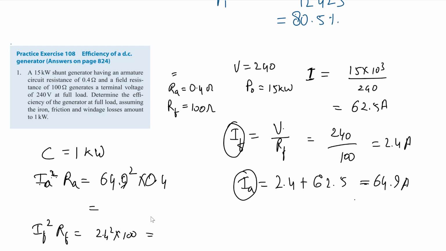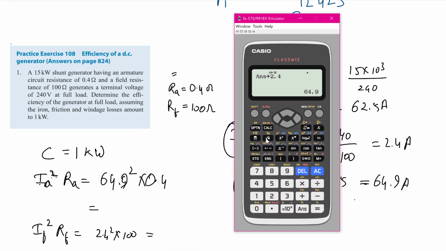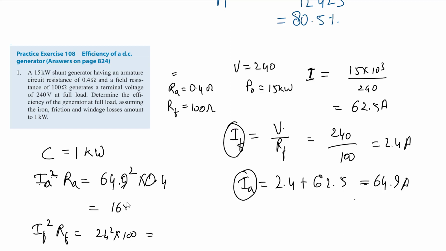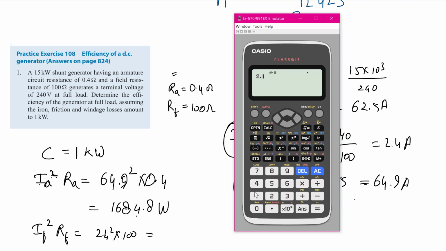So 64.9 square into 0.4 is equal to 1684.8 watt, and 2.4 square into 100 gives you 576.